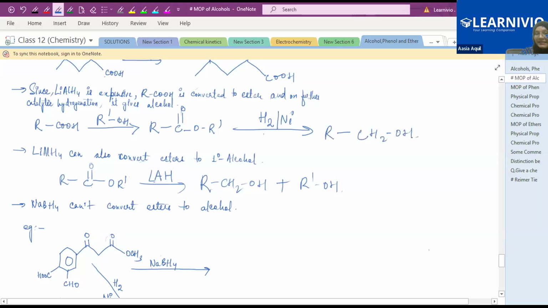The number of carbons will be the same. You just remove these groups and you will get RCH2OH. Is it clear? This is how we can convert the carboxylic acid to ester, and further catalytic hydrogenation will give you the corresponding alcohol.